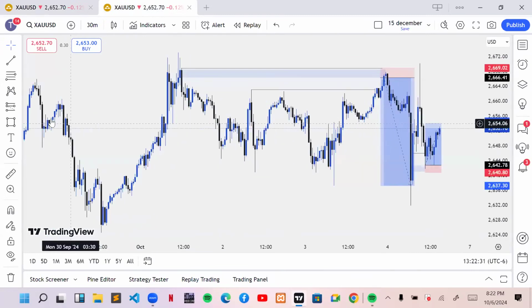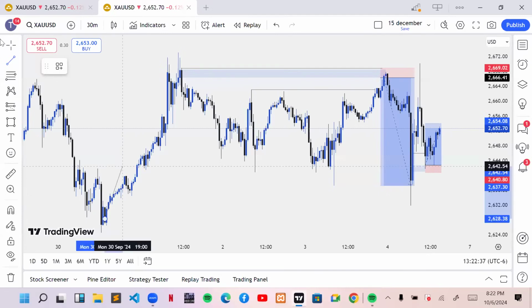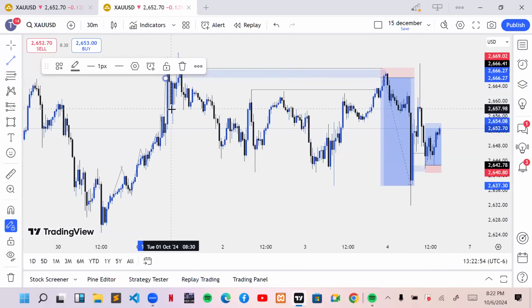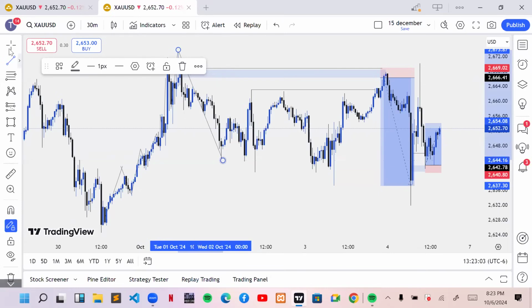Let me give a proper indication using the charts. Paying attention to this trade right here, you can see the market making a series of higher highs and higher lows. Then the market made a lower low right here.